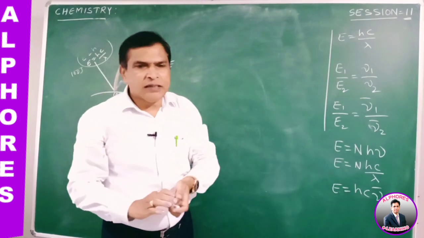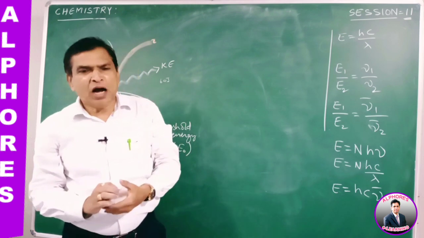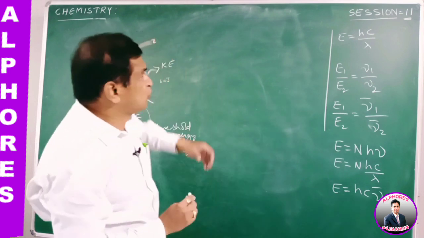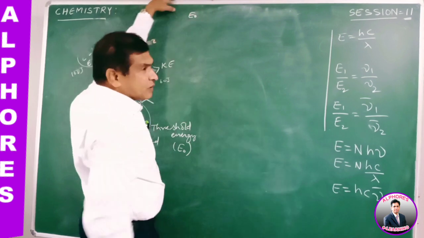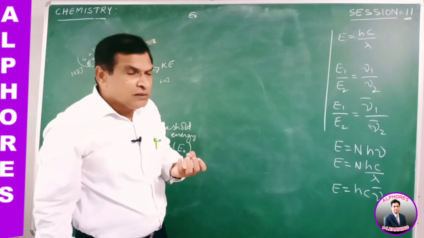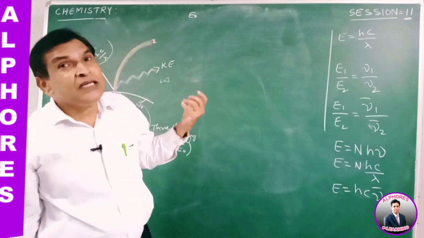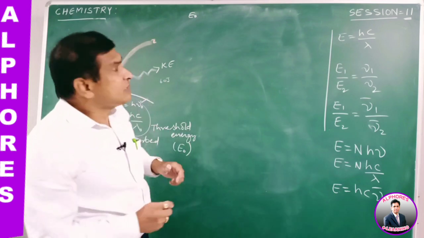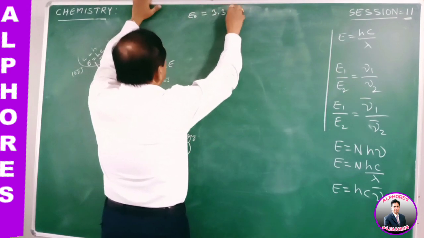The problem we can make like this: the threshold energy of a photoelectric material. The threshold energy is nothing but the work function E naught. That means the surface electron can be ejected by absorbing some amount of energy, E naught. The threshold energy of a photoelectric material is 3.3 electron volts.